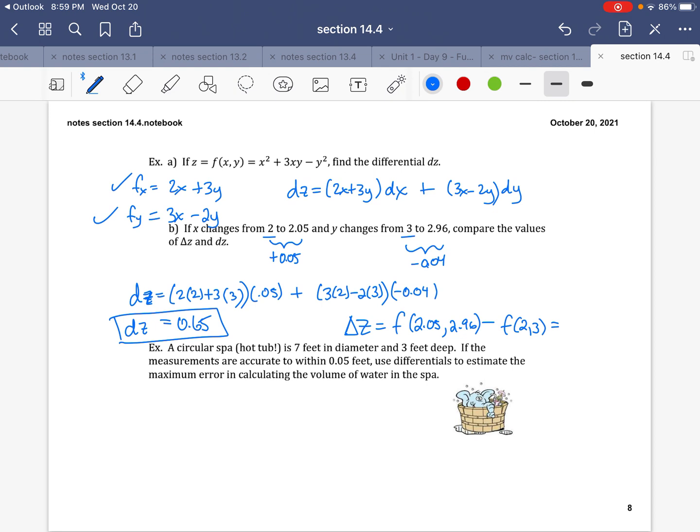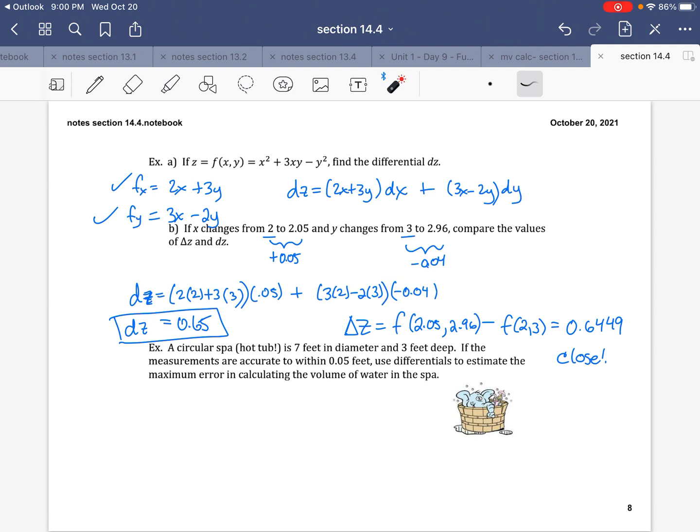All right, so if you plug 2.05 and 2.96 into your function, then plug in 2 and 3 into your function, I'm just going to go ahead and tell you that the answer is 0.6449. So that is very close, right? That's close to what we got right here. So it's just approximating. The change in the tangent plane can approximate the change in the function.